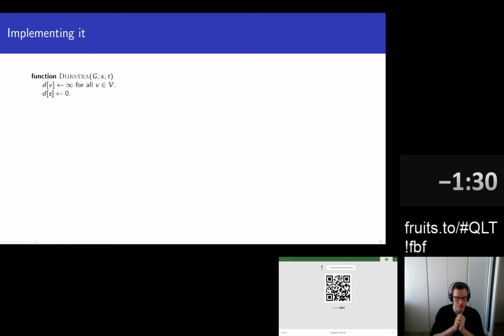It's at a distance of 0. And now I'm going to repeatedly take the vertex that is closest. Right? To start with, that's going to be my start vertex, because it's at distance 0 and all the others are at distance infinity.